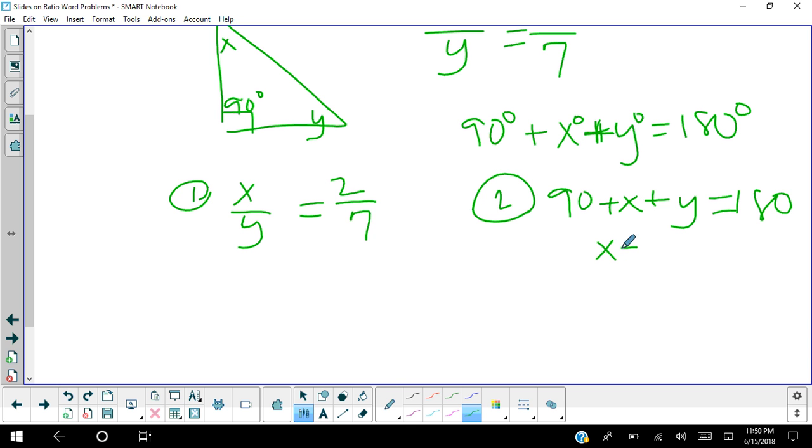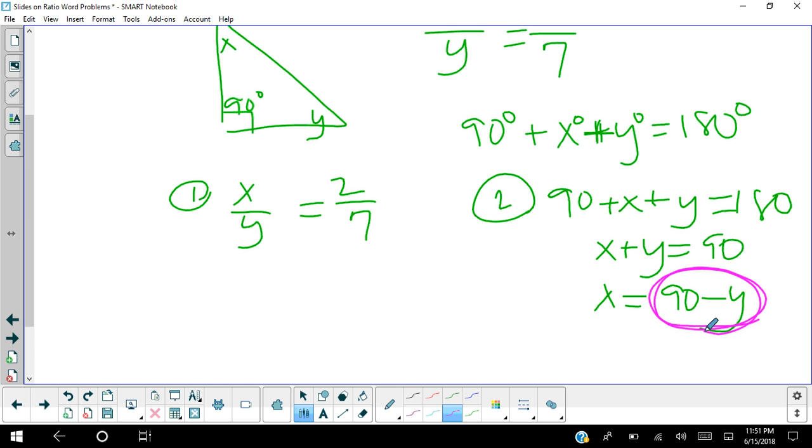I can subtract the 90, so x plus y would just be equal to 90. And as we've seen in the substitution elimination game, it's really easy to substitute using the equation where both were added. Pick to solve for x or y, it doesn't matter. So if I say x is 90 minus y, then I can take this part and substitute it over here every time I see an x.